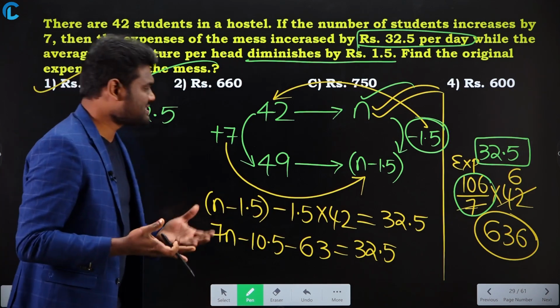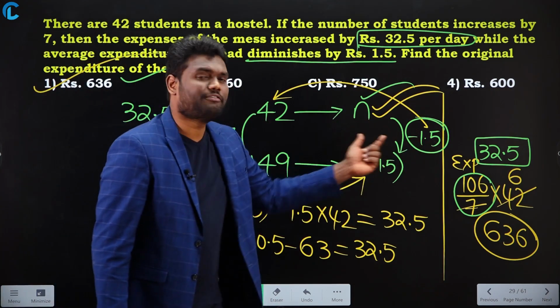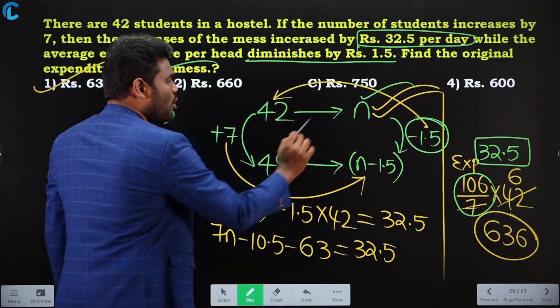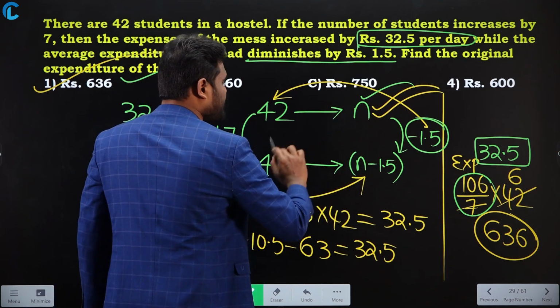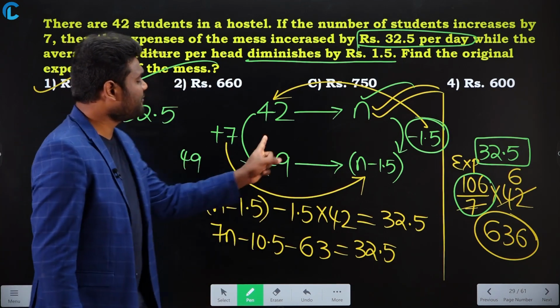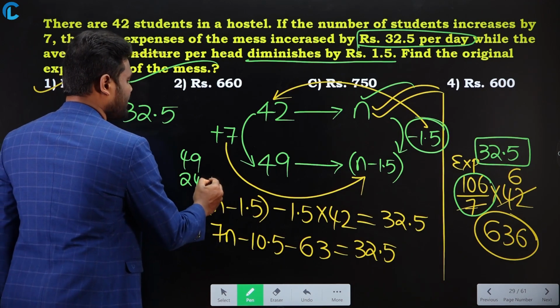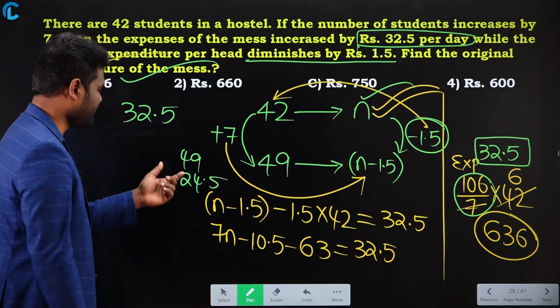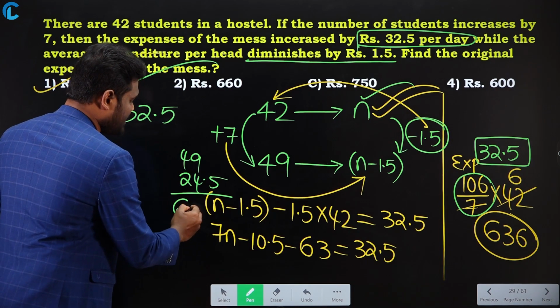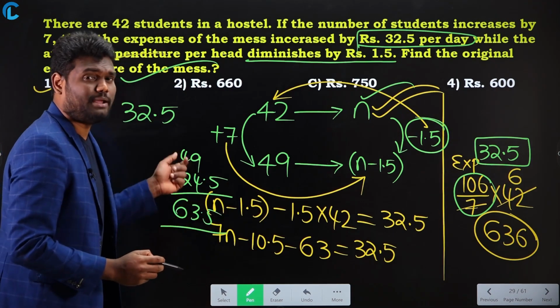And I got how much less? 1.5 for total 49 students means what is 49 into 1.5? 49 into 1.5 is nothing but 49 plus half of 49. Half of 49 is nothing but 24.5. Yes or no? 24.5. Now this is going to be 63.5. Yes or no? Which means I got 63.5 less.